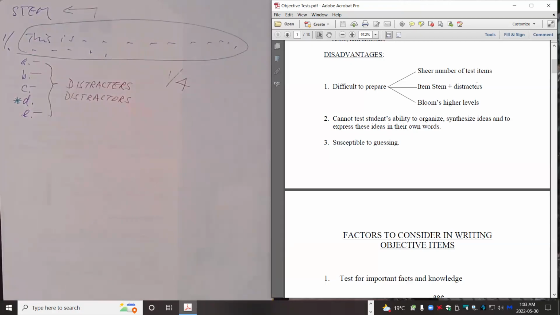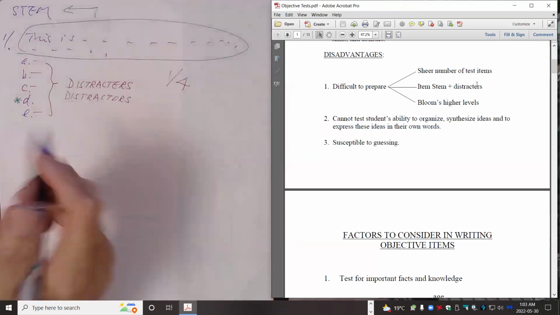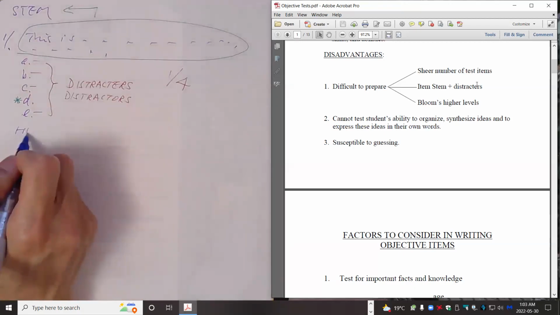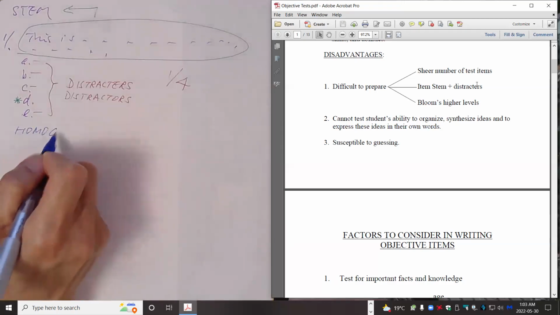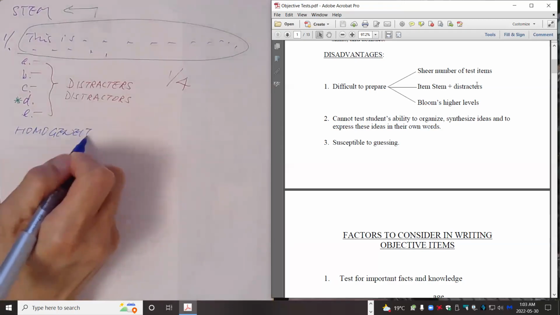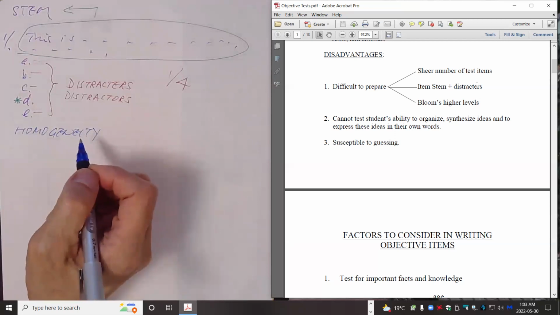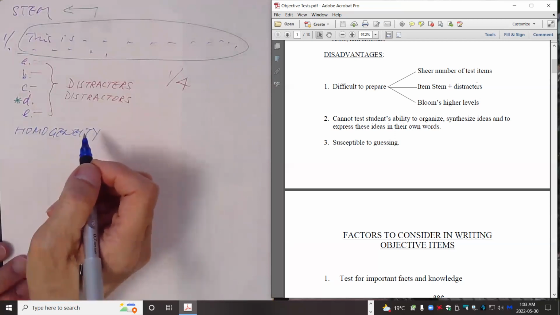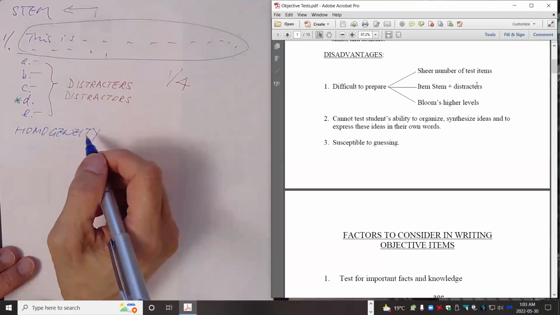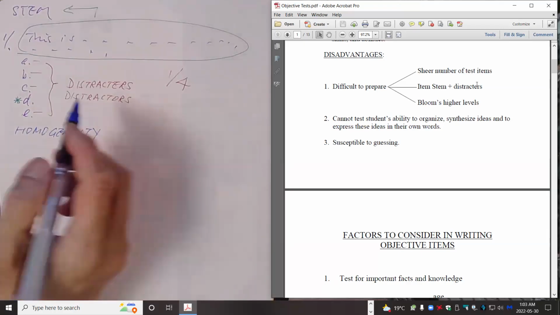That's why it is important to have homogeneity of distractors.